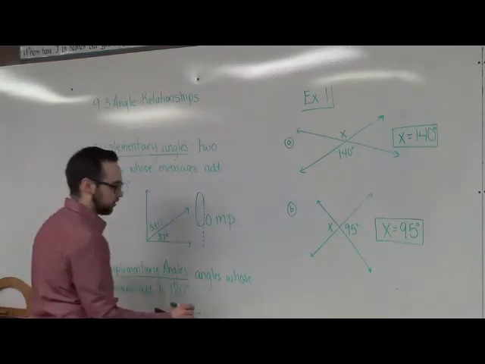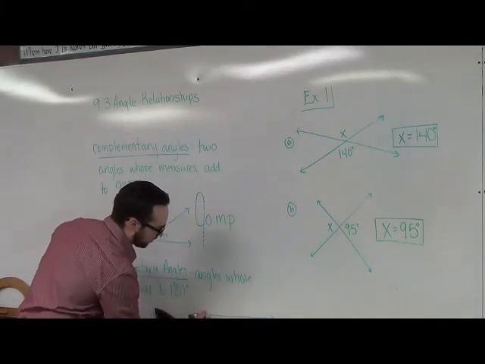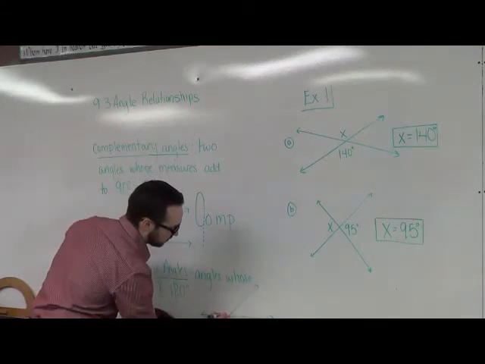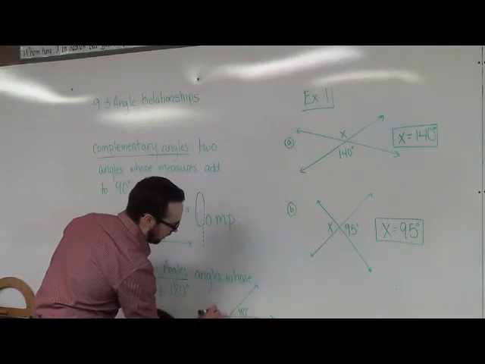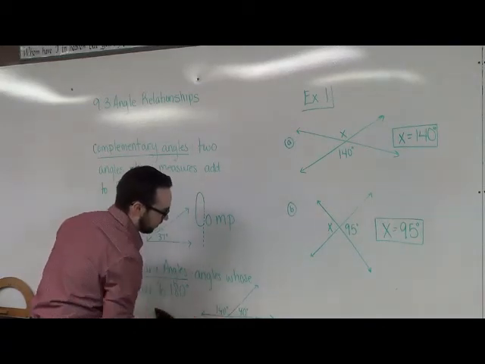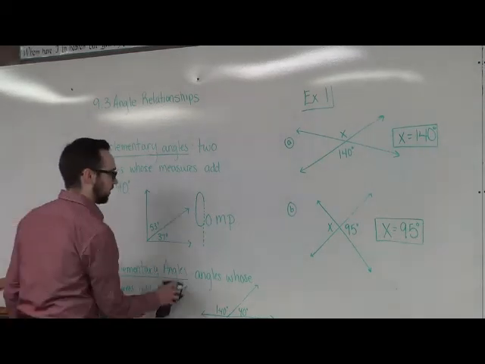So if we look at a little picture here, they're going to form a straight line and look like this. So we could have one that's, let's say, 40 degrees, and the other one would have to be 140 degrees.